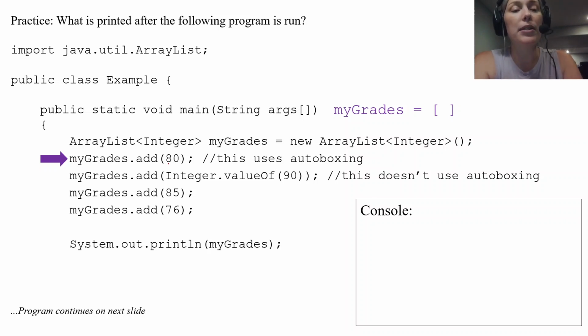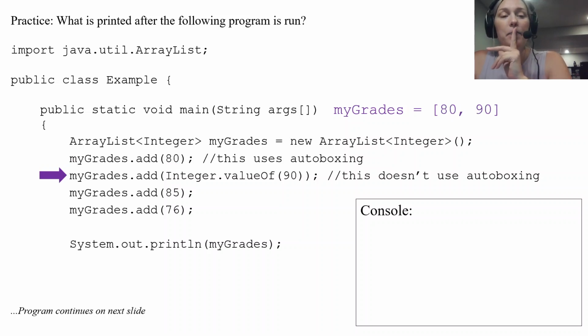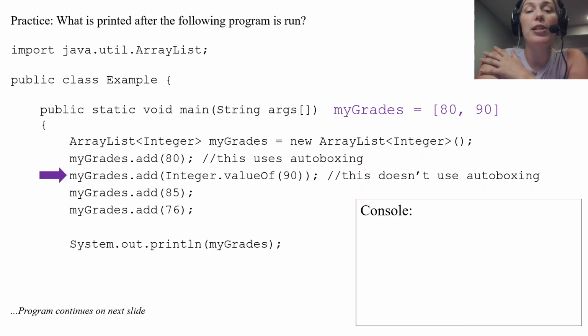In parentheses, I'm adding 80, an integer primitive, to my array list that only accepts Integer objects. But Java automatically uses autoboxing behind the scenes. It converts that 80 into an Integer object and puts that into my array list. So that's an example of where we use autoboxing. If Java didn't have autoboxing, the next line here, Integer.valueOf(90), is what we'd have to write.